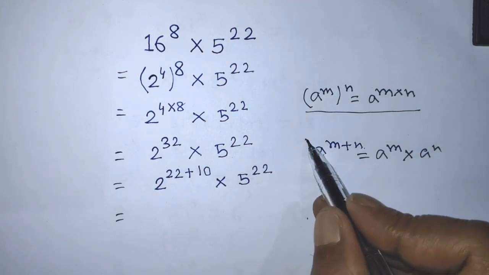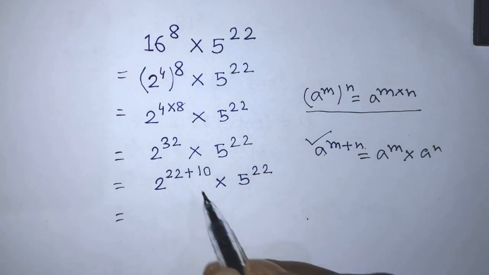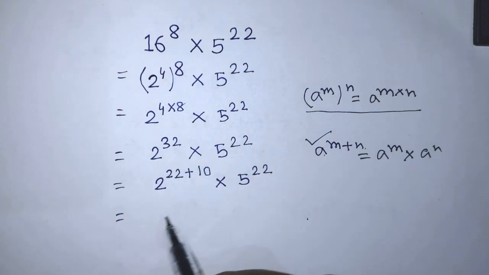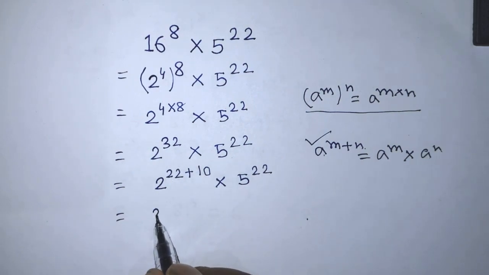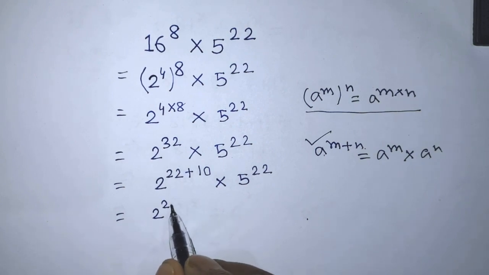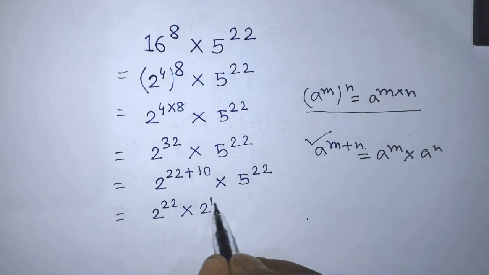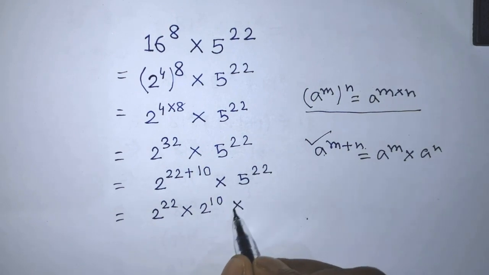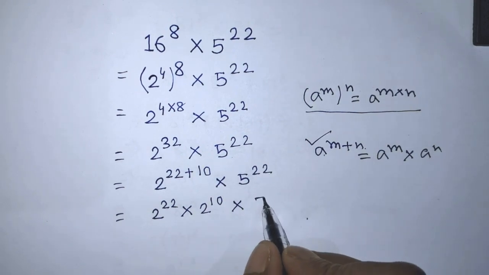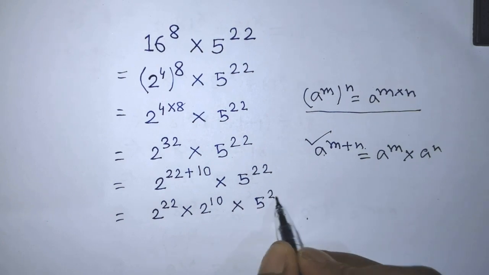According to this formula we can write 2 to the power 22 times 2 to the power 10 times 5 to the power 22.